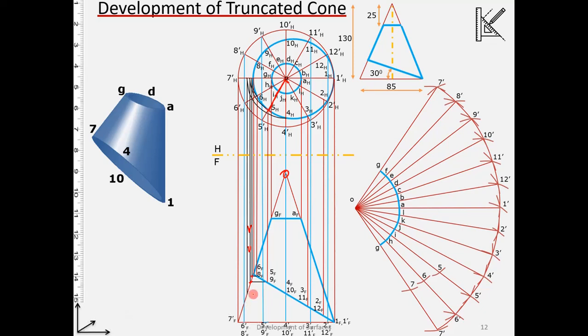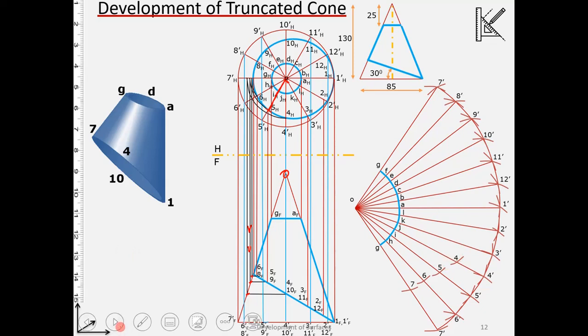Now this 4 will be shifted. Because earlier this was line O4, now because 4 has shifted here, this will become line O4, which will be the true length. So we'll locate the point, measure the distance and transfer it here. So this is point number 4.